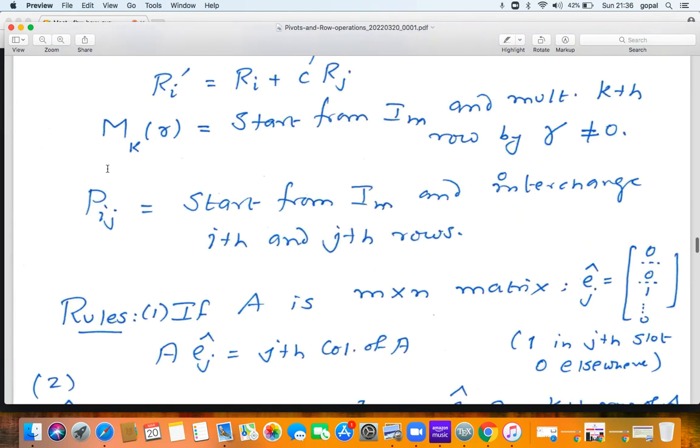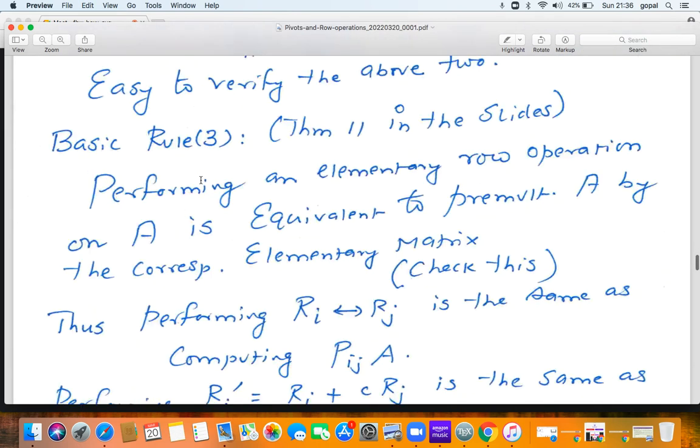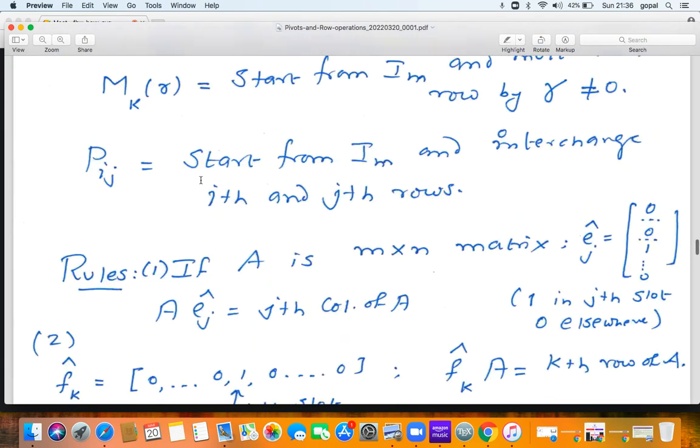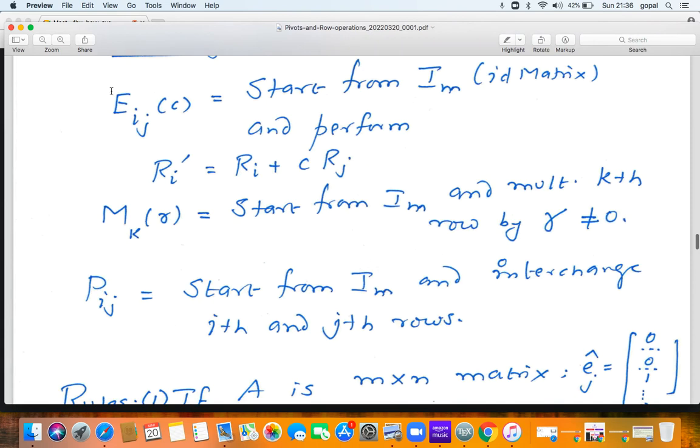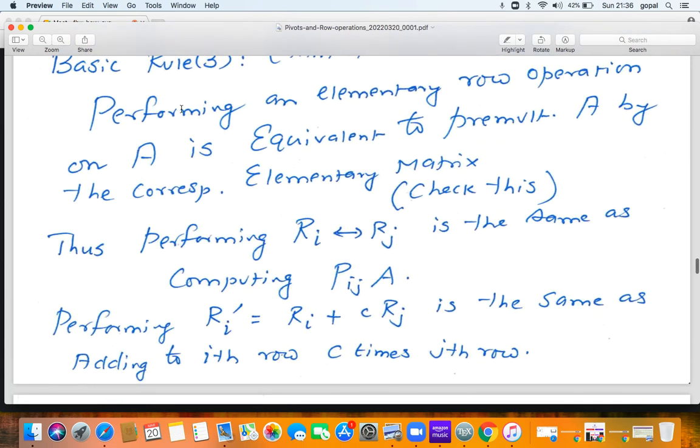What is E_ijc? You have this E_ijc. Take the product of E_ijc and A. The product E_ijc A is the same as adding to the ith row c times the jth row.